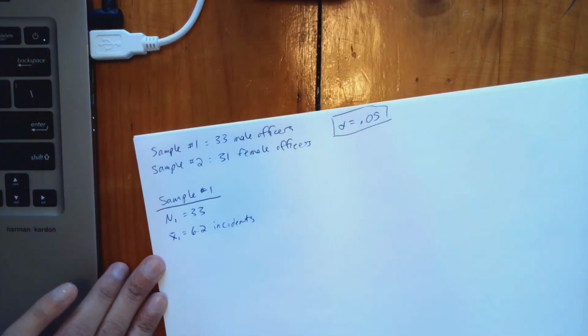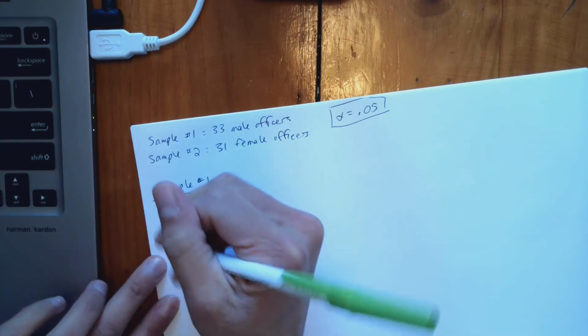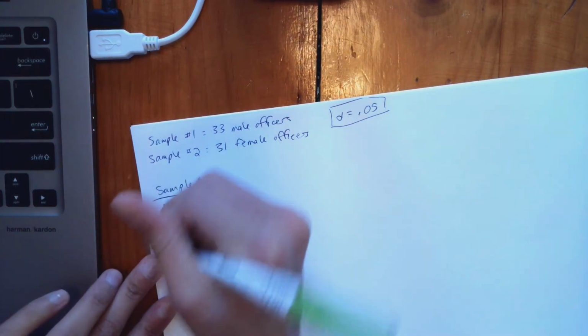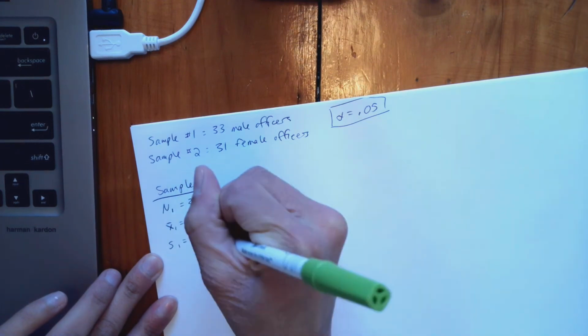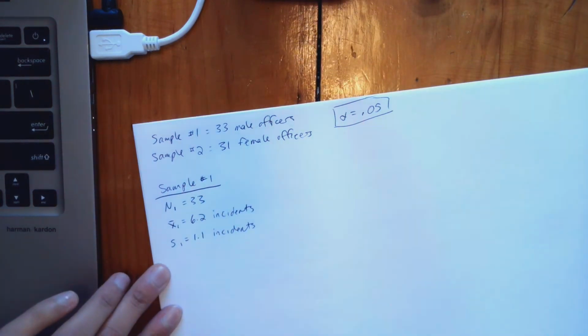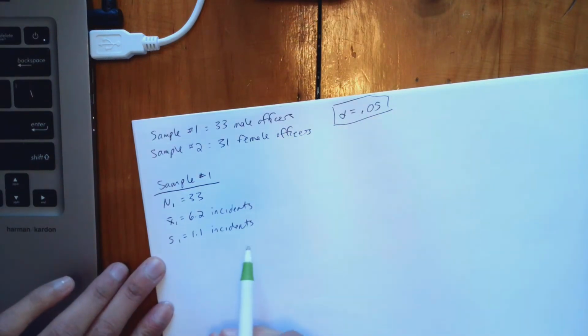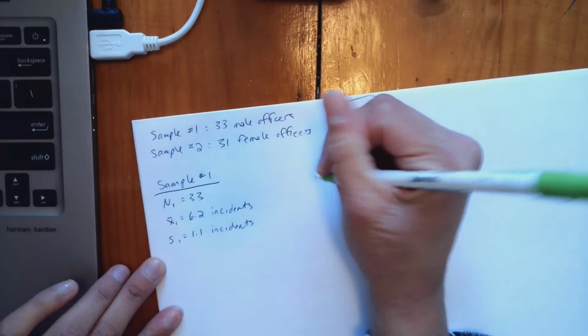And we can make up whatever time frame we want for this. As usual, these numbers are made up by me. So we can say this can be an average of 6.2 incidents in the last week. And we have a standard deviation of 1.1 incidents. Again, this is what you get if you were to take a sample, and then calculate the mean and the standard deviation for that sample.